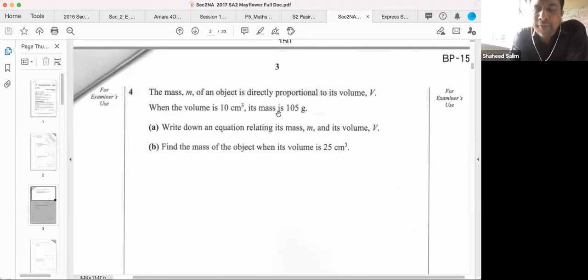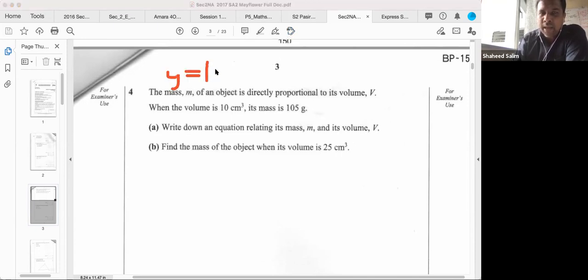No, you must find K first. What's the equation? Okay, remember direct proportion, the equation is like that. Y equals to Kx. Then you substitute, so in this case, M equals to KV, like that.